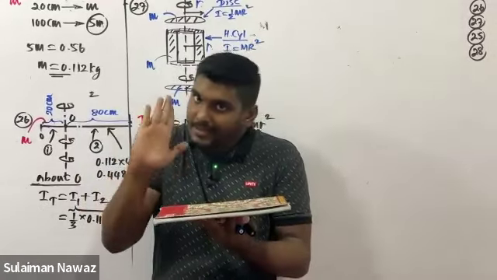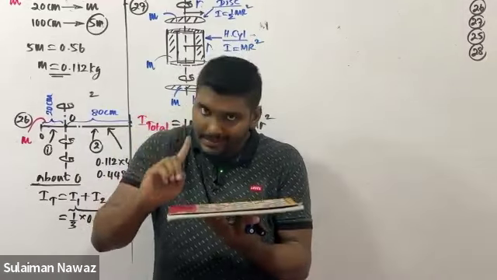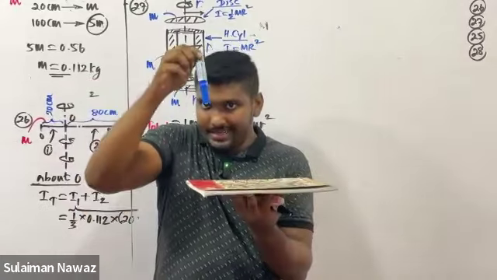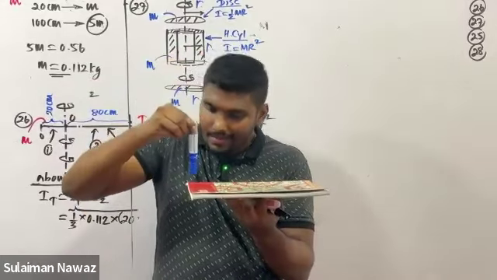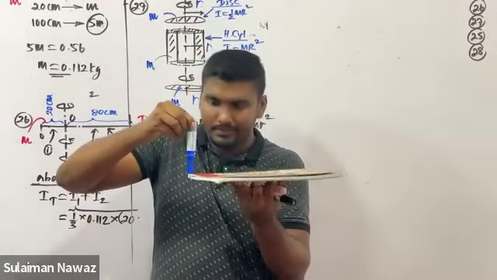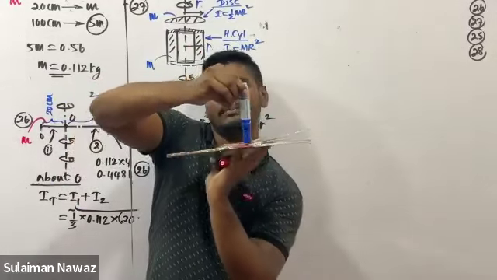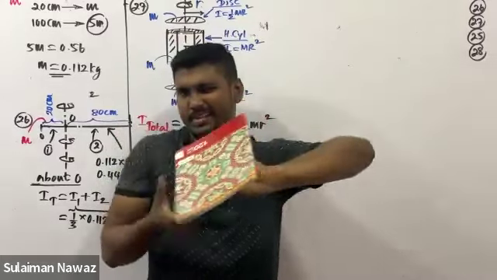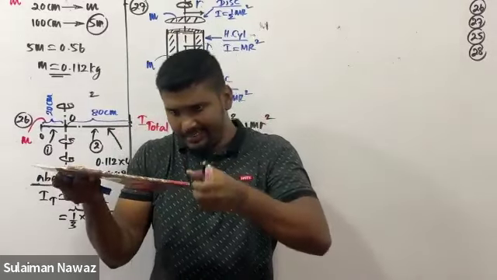So this frame is rotating about an axis passing through one of the masses. Just think of this as the vertical axis passing through this mass. This is that vertical axis.